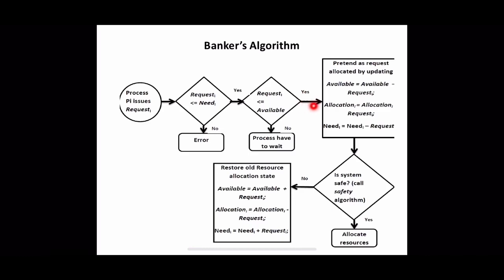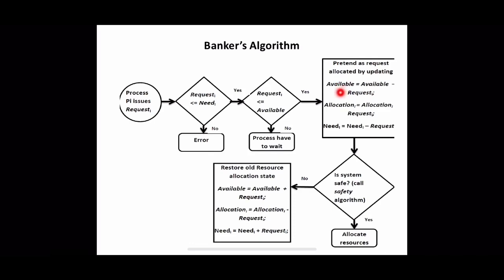So now we go to the step to check whether the request, when granted, will create a deadlock or not. How the system does this is that it will just pretend the request is granted, and based on that, the resulting state is checked for being safe or not. How will it pretend?